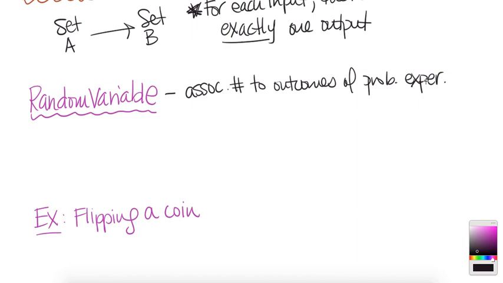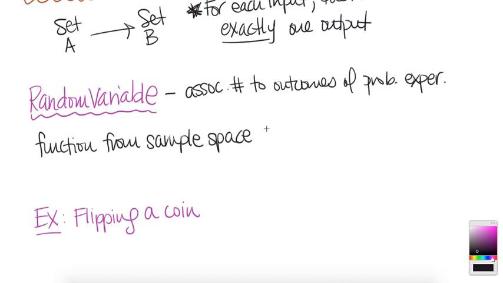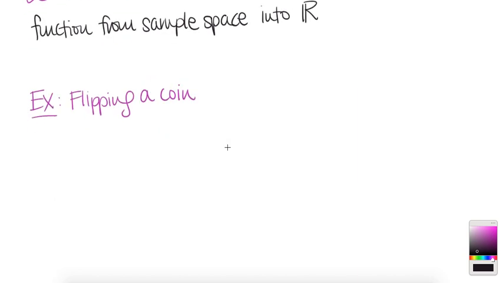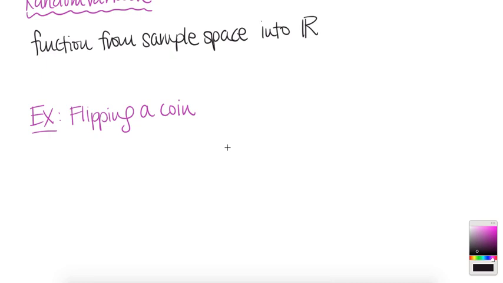And how we are going to do that, basically, it is a function from a sample space into the real numbers. Okay, so not super complicated. Let's look at an example.